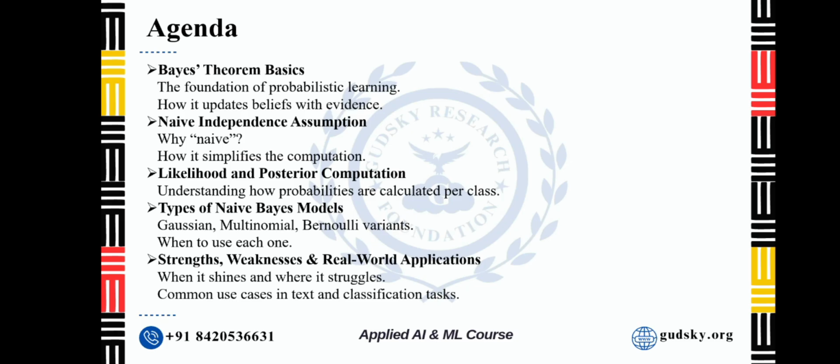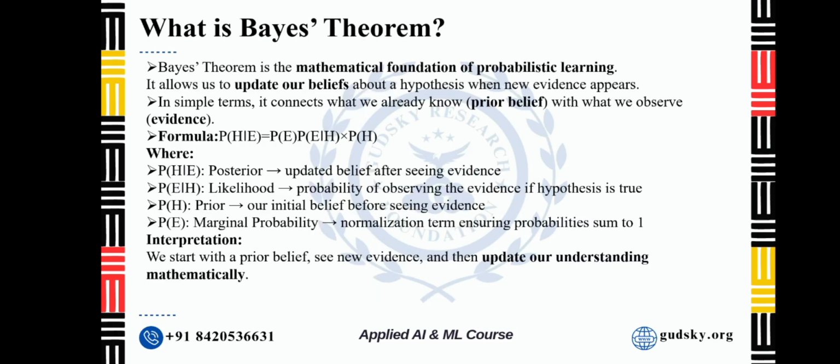Now we'll see exactly what Bayes theorem is. Alright everyone, now that we have seen why probability matters in machine learning, let's dive into the core mathematical foundation behind naive Bayes. So what exactly is Bayes theorem? It's a formula that helps us update our beliefs when new evidence appears.